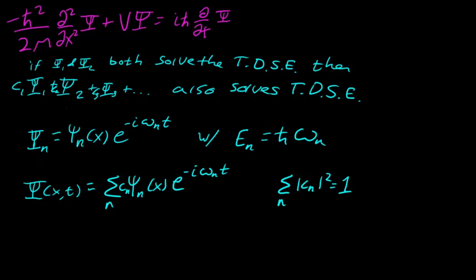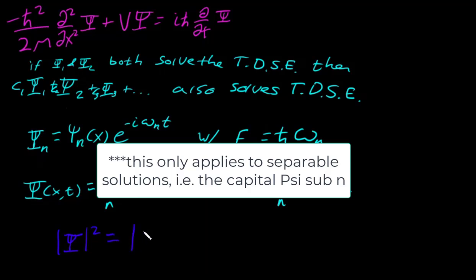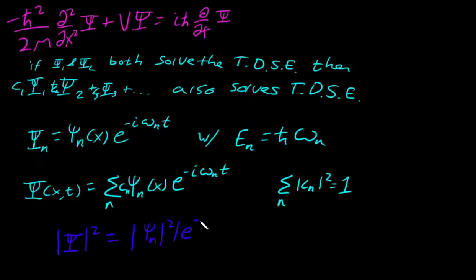And so the last thing I would like to show you is that when we're normalizing solutions to the time-dependent Schrodinger equation, when we're normalizing these separable solutions, all we actually have to do is normalize the psi of x. Because if we think about capital psi norm squared, this is psi n norm squared times e to the minus i omega n t norm squared.